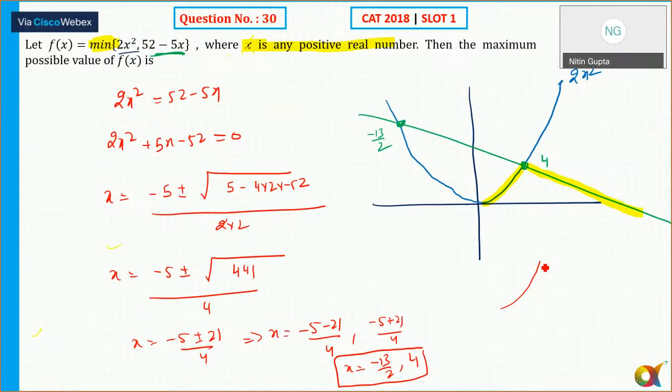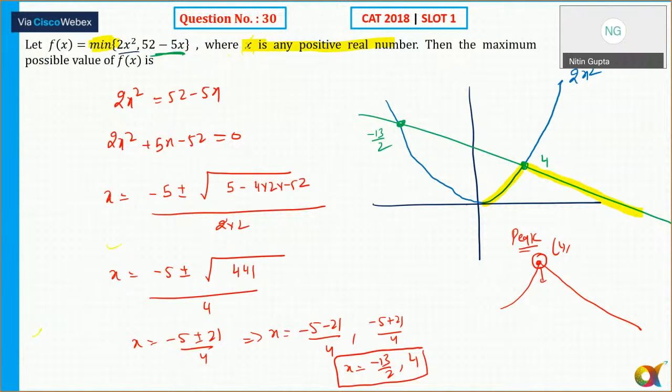And then it will be a straight line like this. So this is the point where x is equal to 4. And can you say this is my peak? My graph does not go above this, because I need to take the minimum of the two curves. So in the first quadrant, the minimum of the two curves is the yellow line. One curve is blue and one is green.